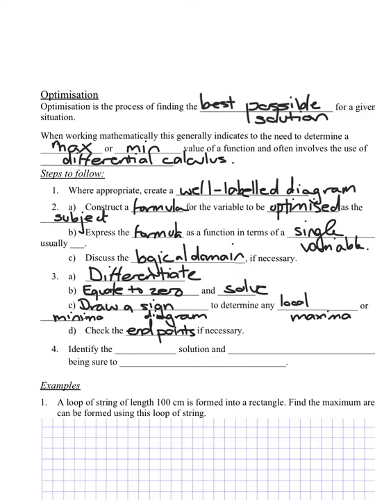You probably should check them to see if they are. Then we identify the optimal solution, so the one that's the smallest or the biggest depending on which one we're asking, and we write a sentence of conclusion that actually answers the question. No point just randomly putting stuff down if you don't refer back to the question. So you need to be sure to answer the question actually asked.